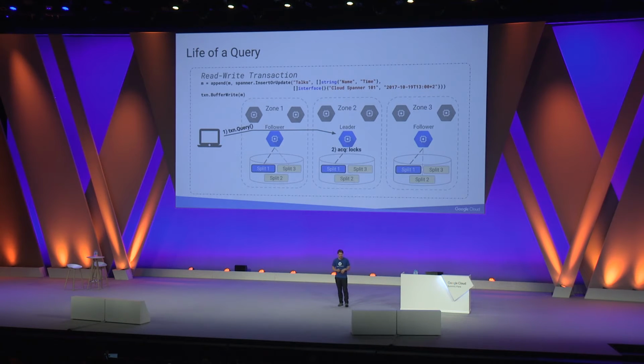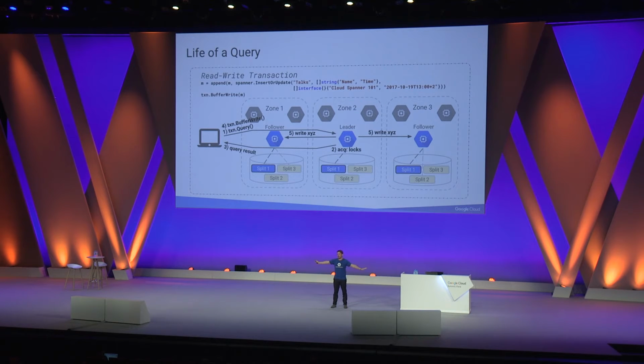Now, in my example here, I want to update my talk, as you can see here. So the first thing that I do is a read. I get my query result and already acquire some locks. And then I'm doing some changes. I'm writing this mutation to a buffer, and then I'm committing this transaction.